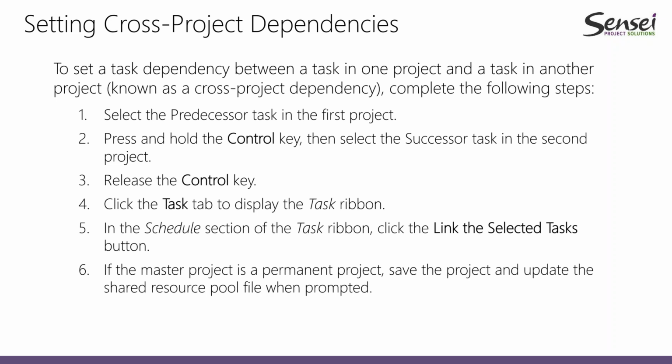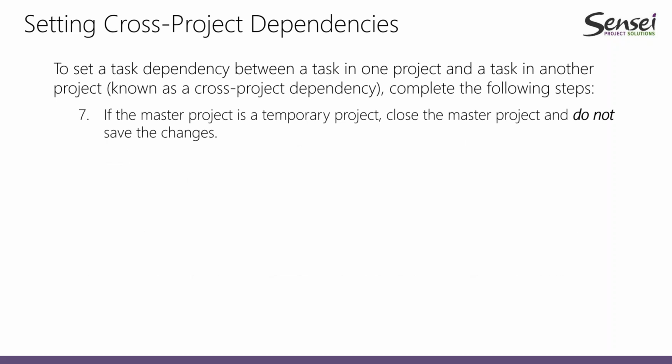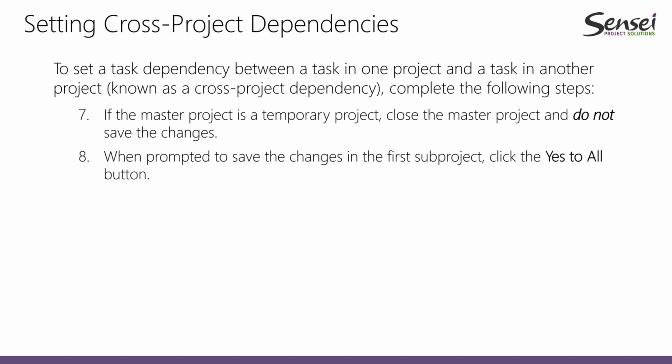Now, if the master project is a permanent project, you can go ahead and save the master project, and then it'll ask you if you want to update the shared resource pool file. But if the master project is only a temporary project, then after you've set all of your task dependencies, what you can do is close the master, and you don't need to save the changes.